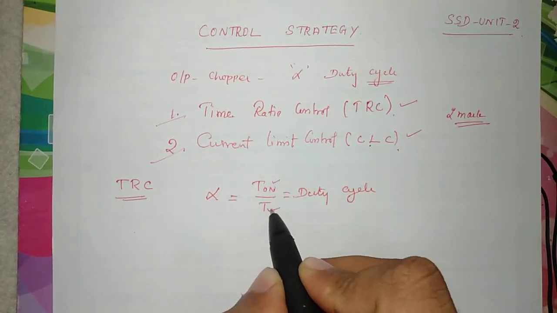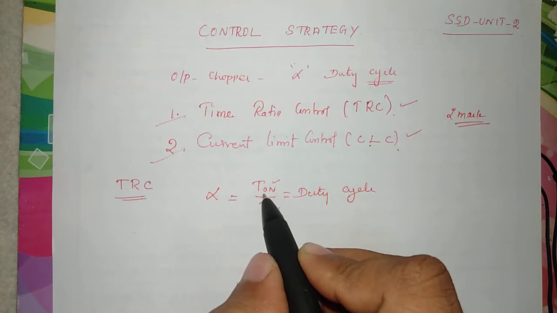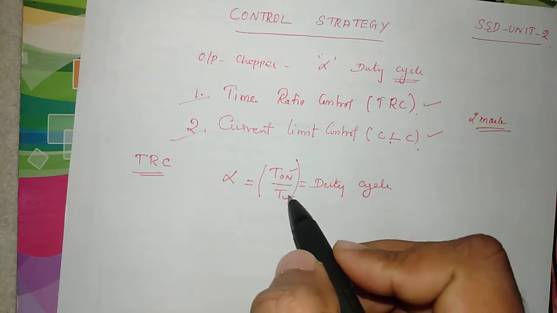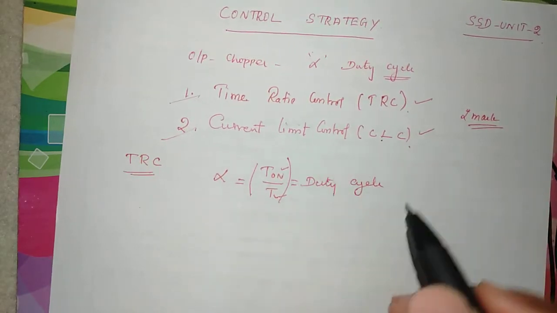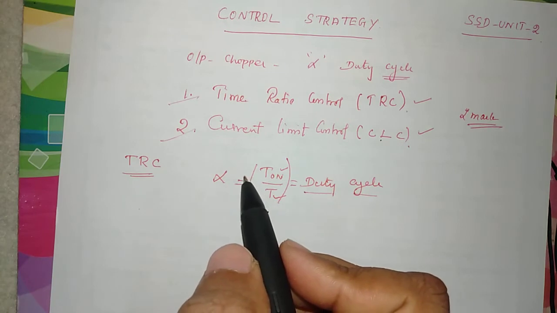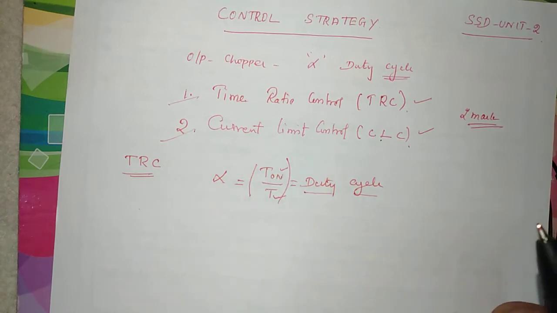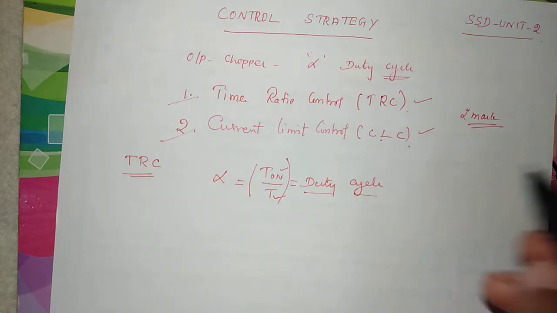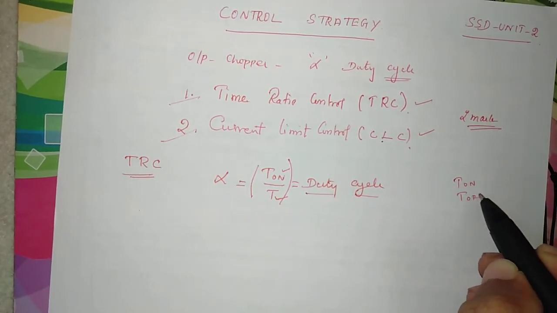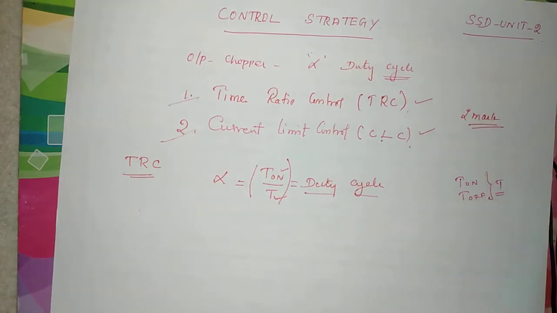In total time, how much time the switch is on, that is the ratio of T on to T. So here we consider how long the switch is turned on and how long it is turned off in a single cycle. We are making that kind of control strategy.